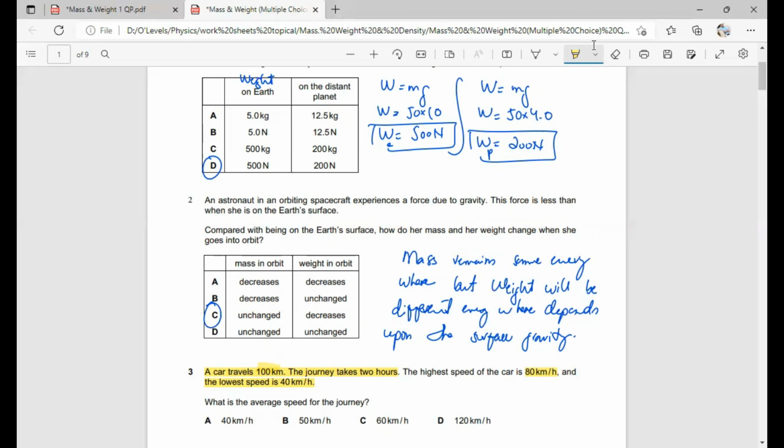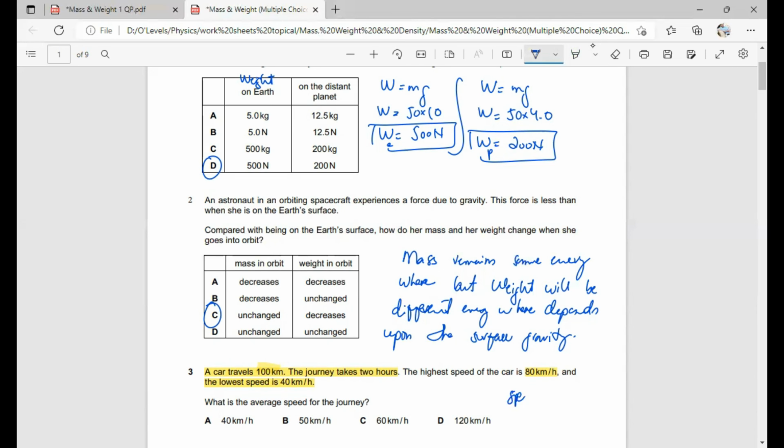So how can we take the average? For the total journey we have 100 kilometer in 2 hours, so 100 divided by 2.